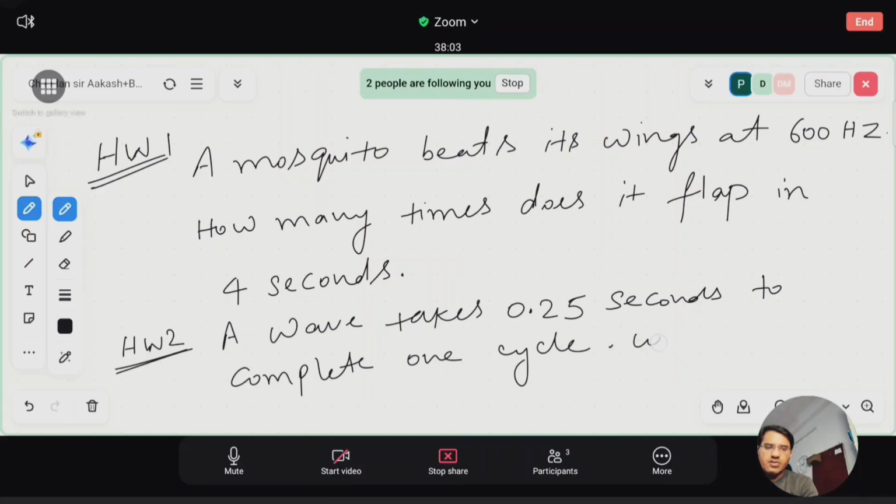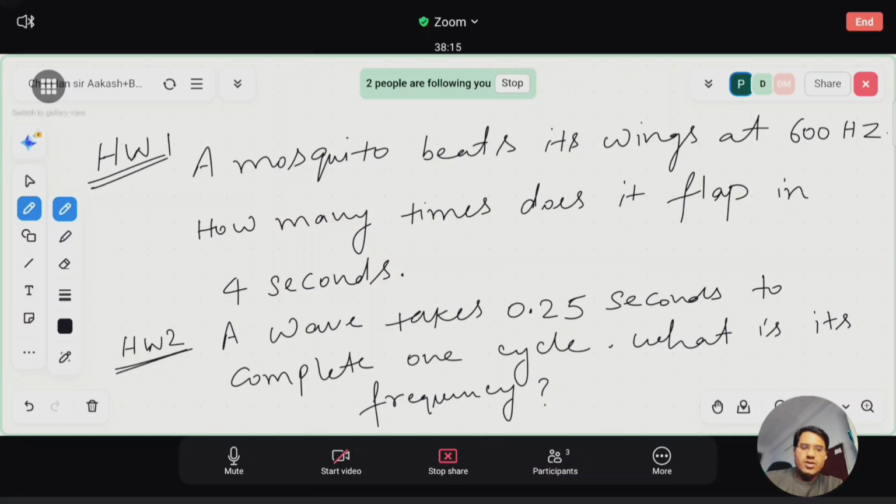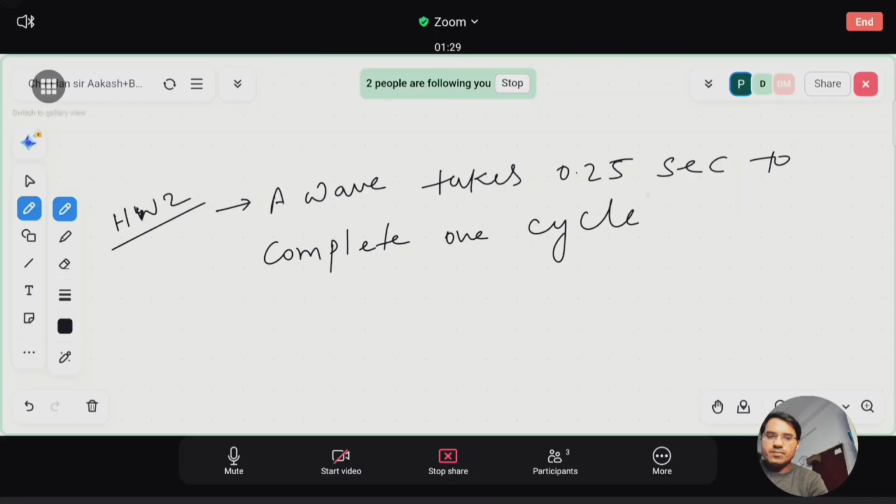What is its frequency? Question is, we need to find the frequency. A wave takes 0.25 seconds to complete one cycle, or basically one wavelength. So what is this 0.25? Can you please tell?